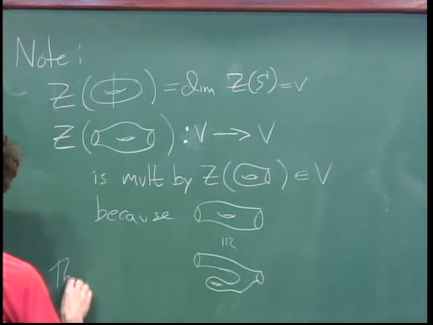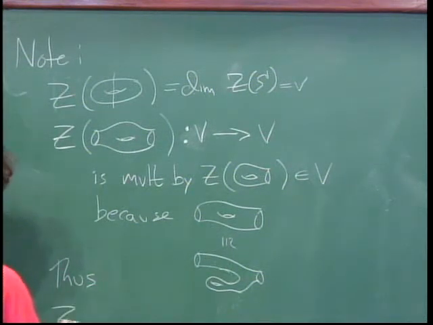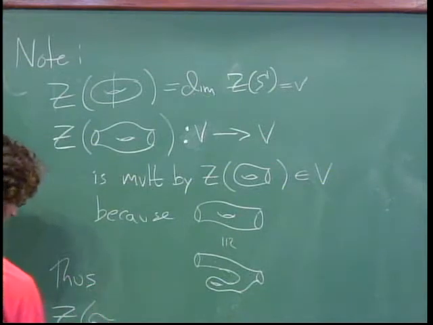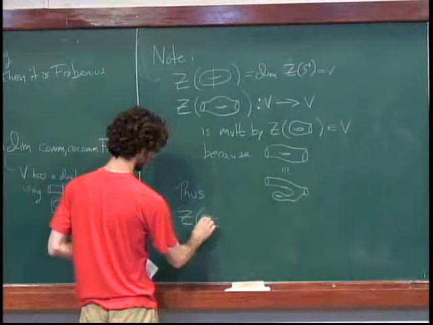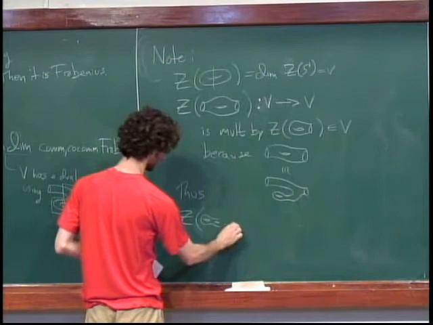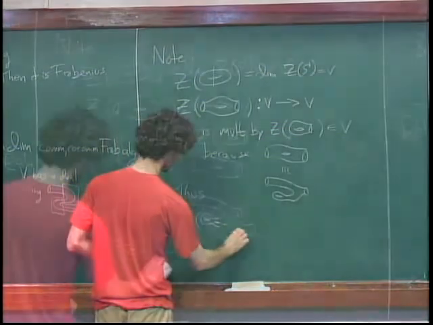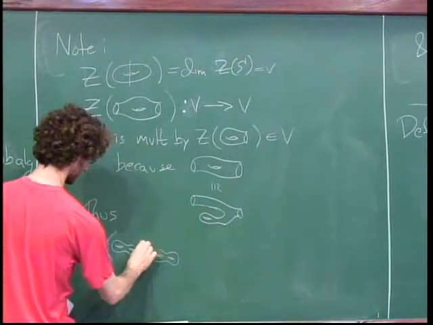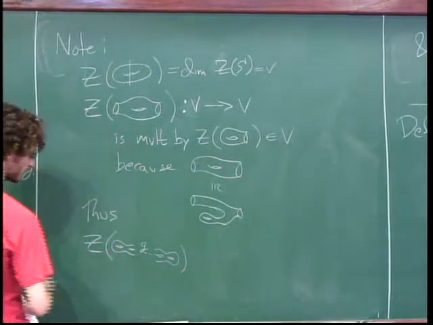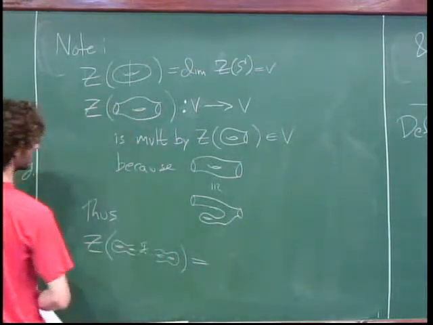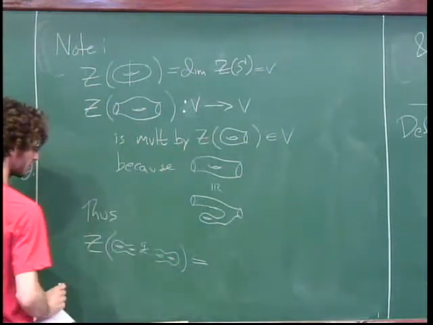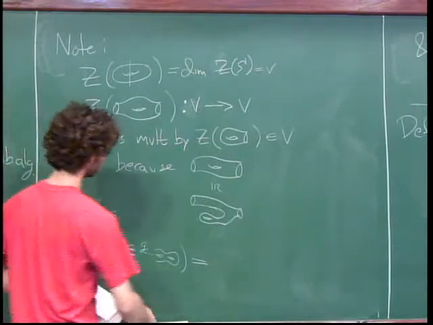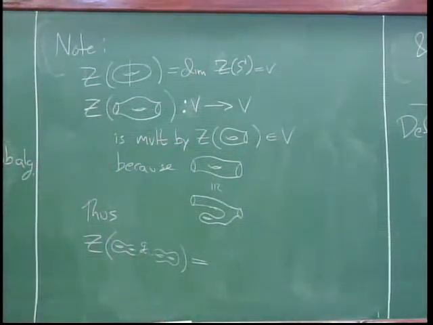So then we can use that fact to compute the value of the bordism on any surface. Suppose we have some genus G surface. Well, we can use these handle elements to create all of the topology.